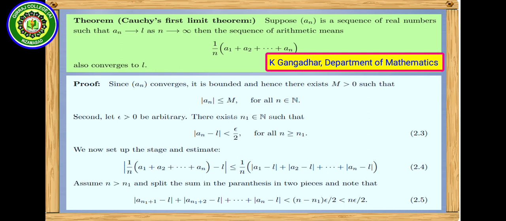So this way we show that (a1 plus a2 plus so on plus an) by n minus L is less than epsilon by 2, which is less than epsilon. So we say that the total sequence limit is L.